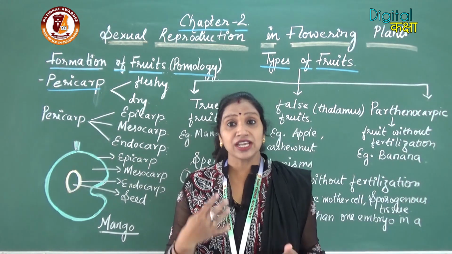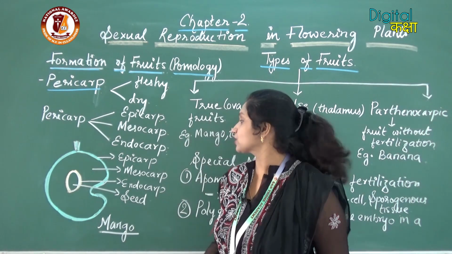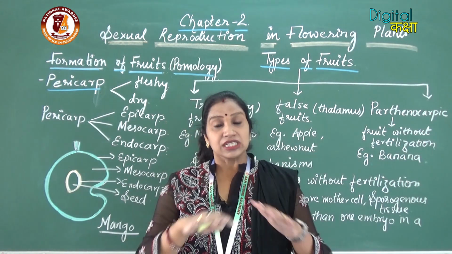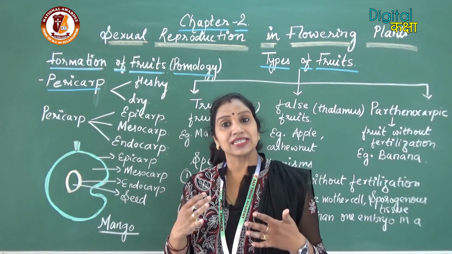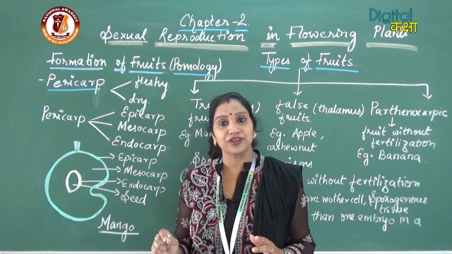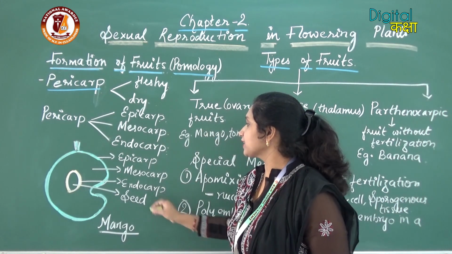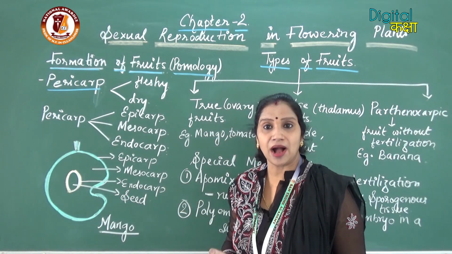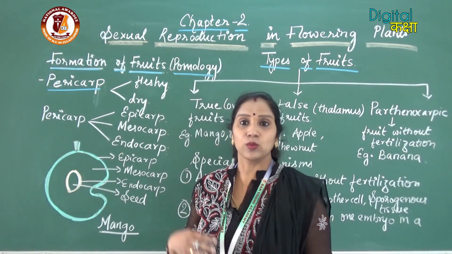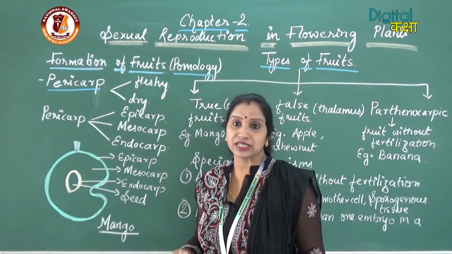Inner to that, the fleshy part which we eat, which is edible, is called the mesocarp. Now inner to the mesocarp, surrounding the seed coat, you can see a white or cream membranous covering. That covering is called the endocarp. So inside the endocarp, the mango seed is present. Okay, once more I will explain what the epi, meso and endocarp are in case of mango.